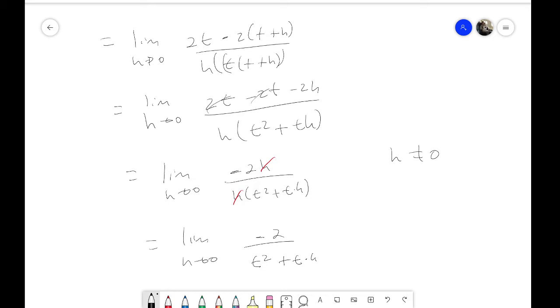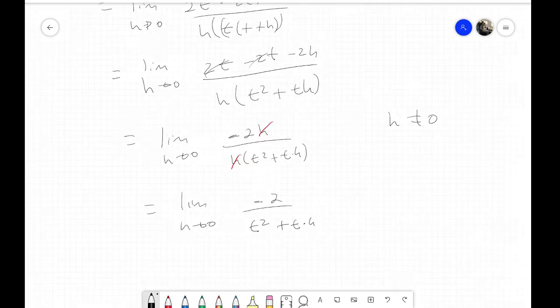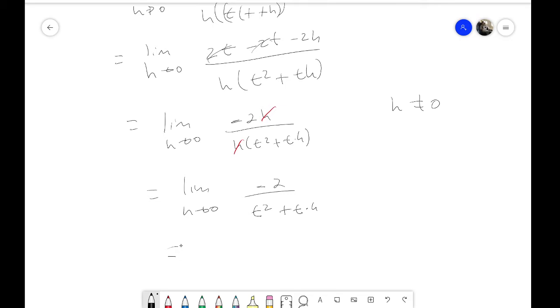But now notice that the denominator is not equal to 0 when h is 0, because when you plug in 0 here, this piece cancels out, but you still are left with a t squared. And this means that we can actually use the substitution method, because we do not get undefined when we plug in the 0 there.